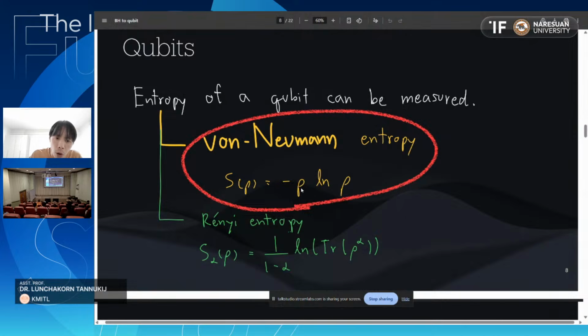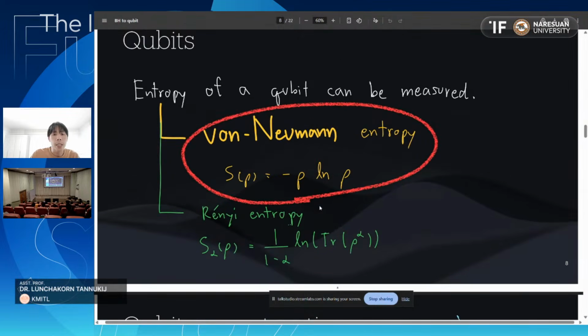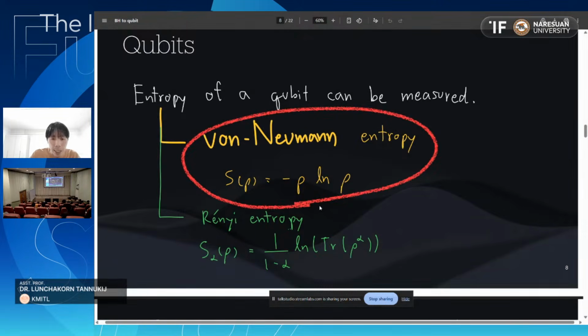I believe I forgot the trace symbol here, so there must be a trace here as well. I'm sorry for my sloppy writing. Or if you are a bit into quantum information, you may have heard of the Renyi entropy, which is a little bit of a modification of the von Neumann entropy. In this presentation, I'm going to use the von Neumann entropy.